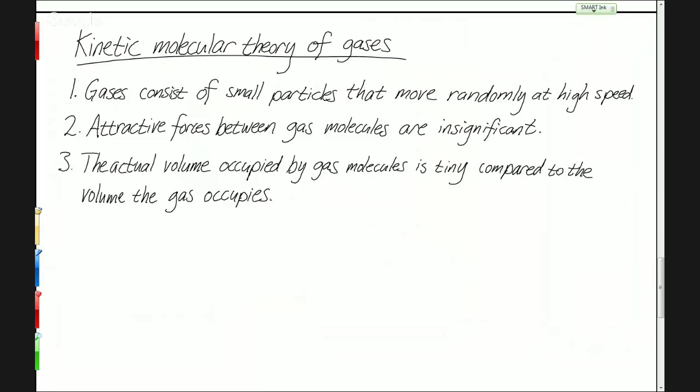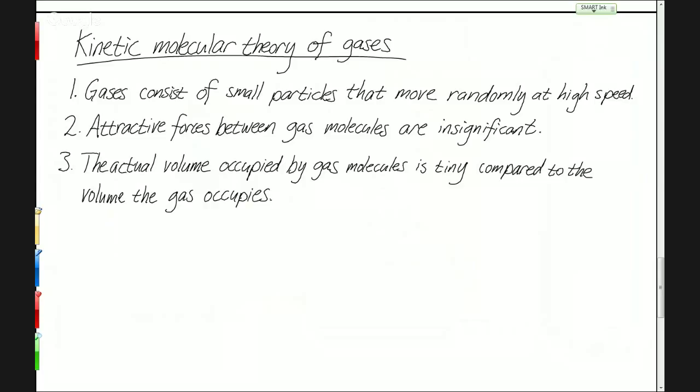So that means that if we have 500 milliliters of a gas in this container, most of this is just empty space between gas molecules. The actual volume that the molecules take up is tiny. It's insignificant. It doesn't matter. Most of the volume of a gas is just empty space.